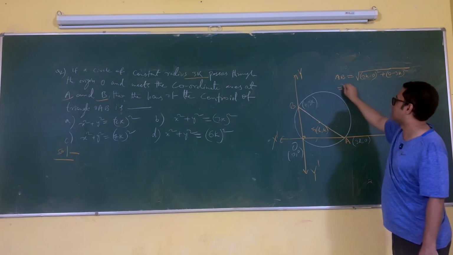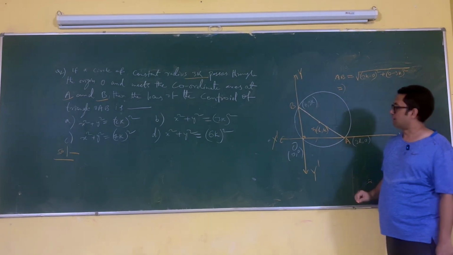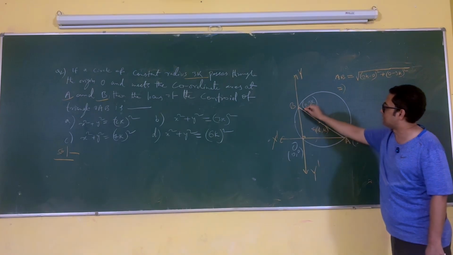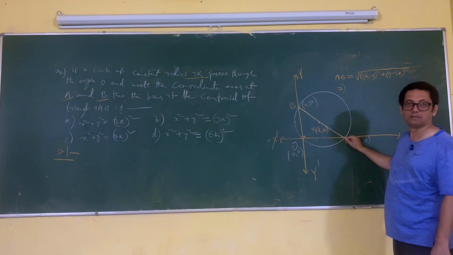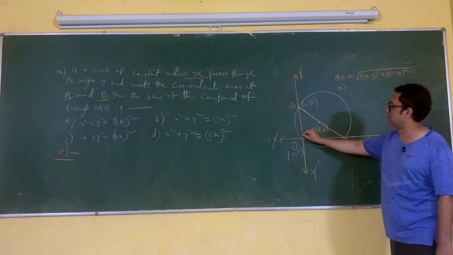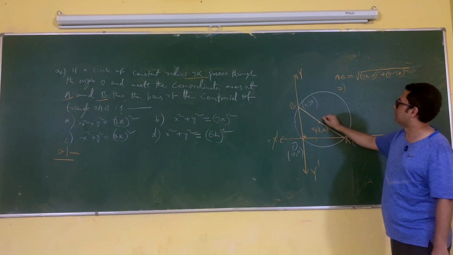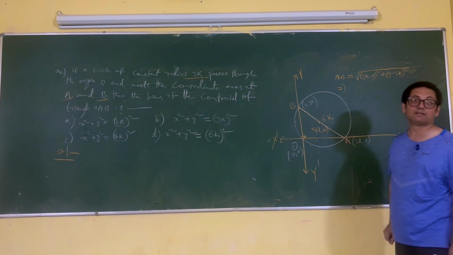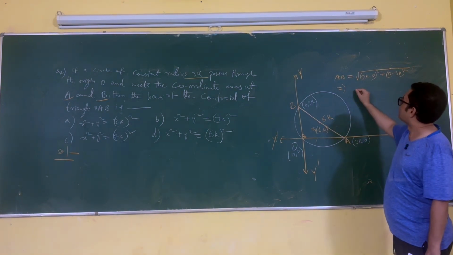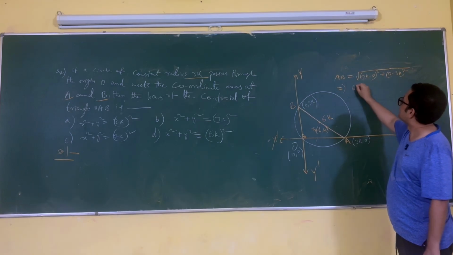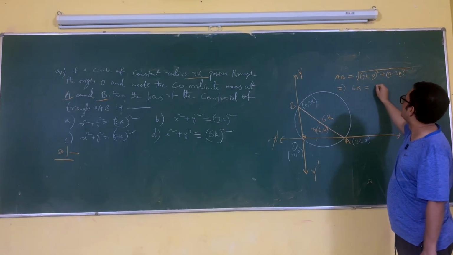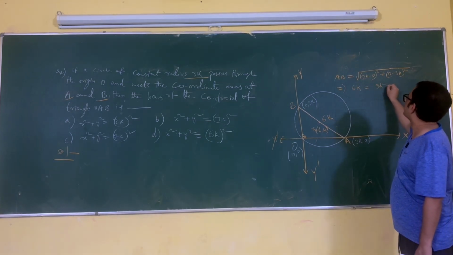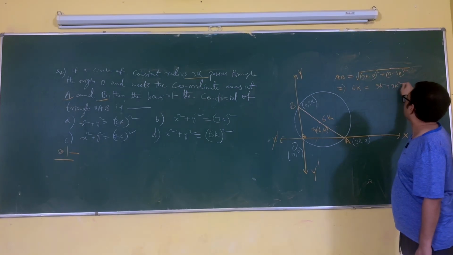And what is the length of AB? AB is the diameter of this circle. Here you have this 90 degree, so it will be 6k because 3k is the radius, 6k. So you can write here 6k is equal to root of 9h square plus 9k square.